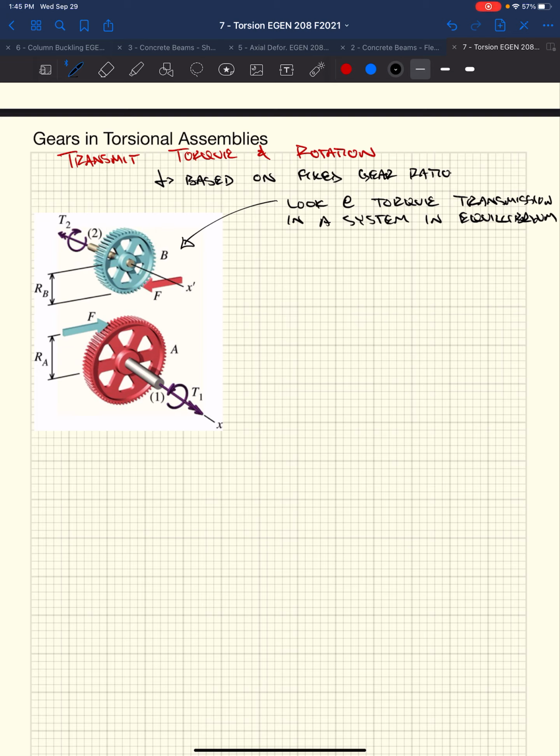That's what we have here, which is really this, right? If we looked at what's going on in that diagram.